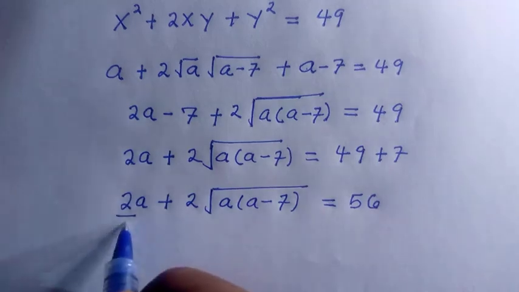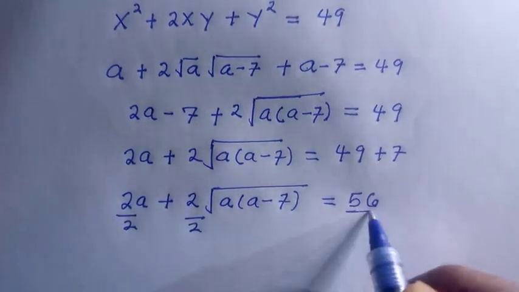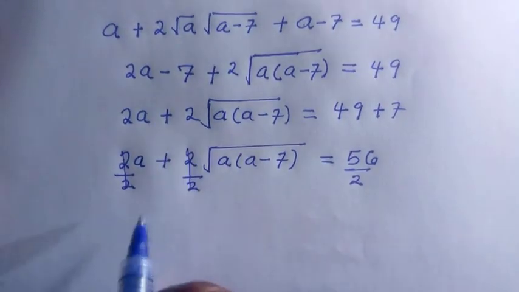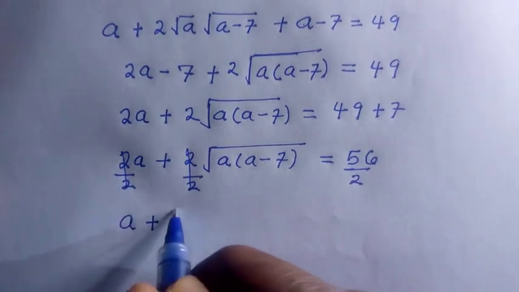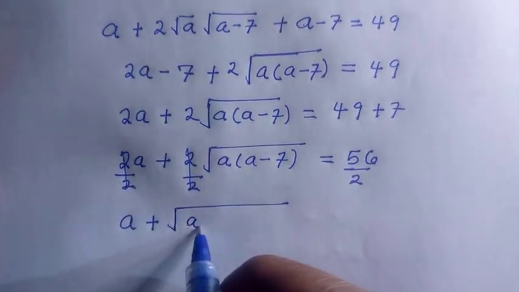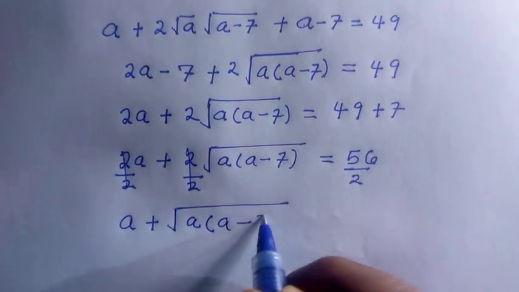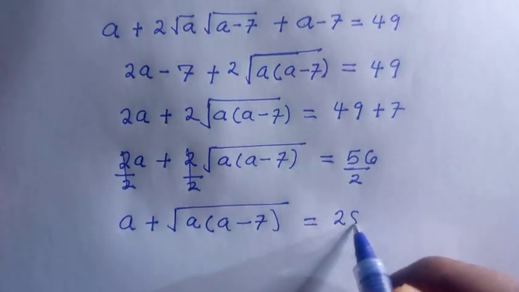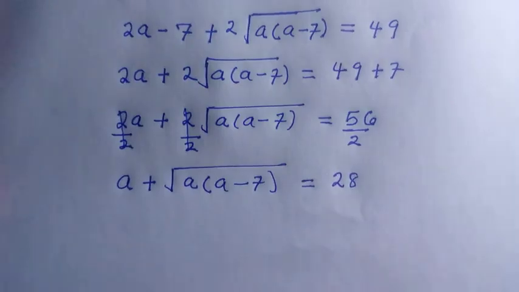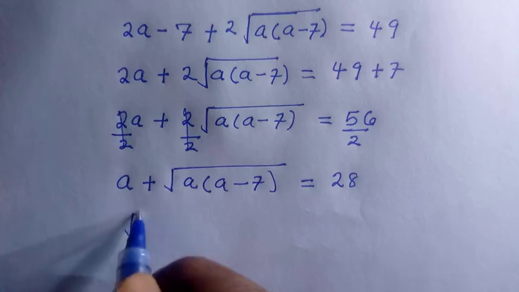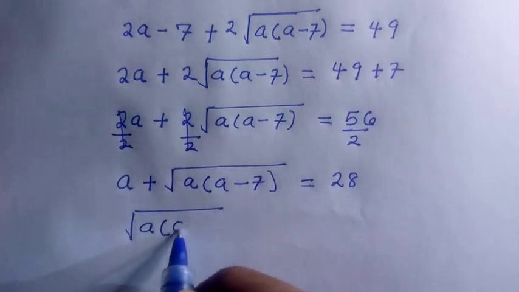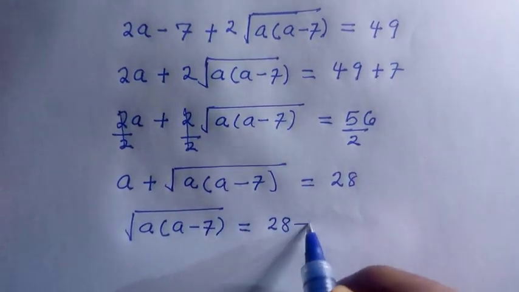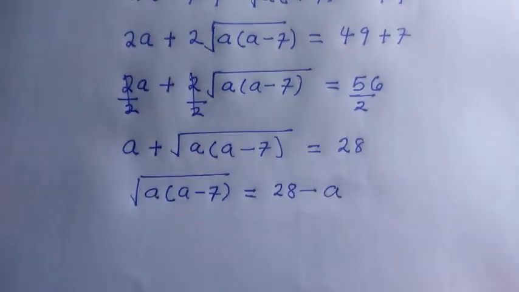When we divide both sides by 2, since 2 can go into everything, the 2s cancel, and we have a plus the square root of a into bracket of a minus 7 equals 28. Then let's take a to the other side, as we have root a into bracket of a minus 7 equals 28 minus a.